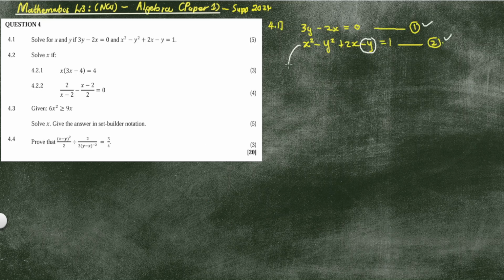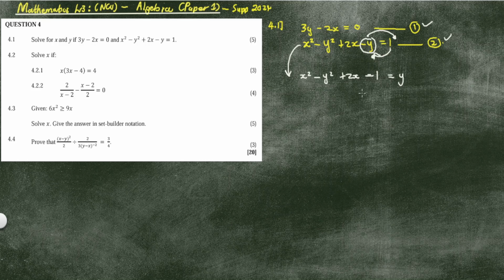Instead, let's take equation 2 and generate the third equation by making y the subject of the formula. So we're going to say x squared minus y squared plus 2x minus 1 equal to positive y. What I did was take the y over here and the minus 1 to the left hand side. So I just swapped the positions of the y and the 1.